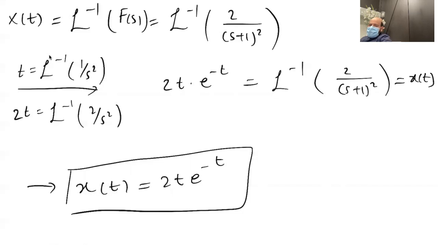So this is the final answer for this integral equation. My unknown function x of t that satisfies this integral equation is 2t e to the power minus t.